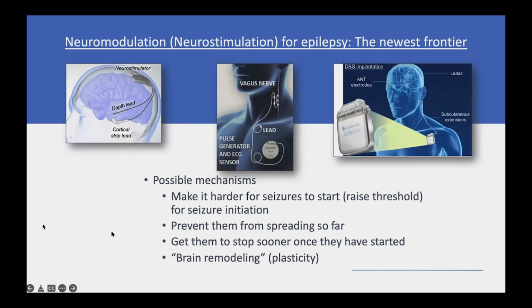If they constantly buzz or stimulate a little bit here and there, the connections between the neurons that are involved in the seizure onset zone will hopefully get a little bit loose or just not as efficient as they were before in generating seizures. We also call this plasticity, where you're actually changing the connectivity over time.